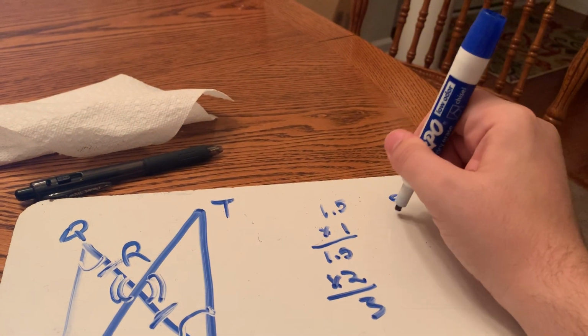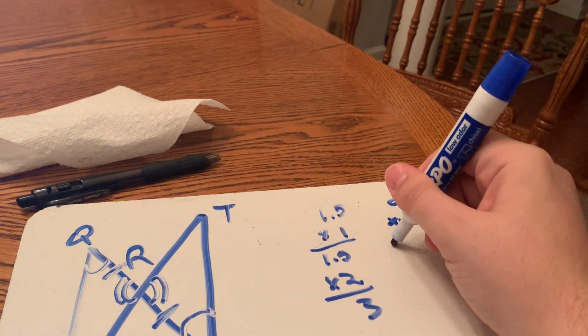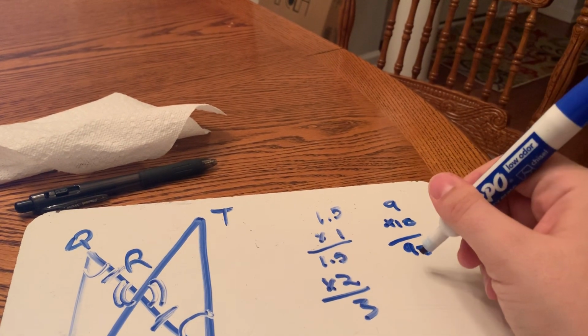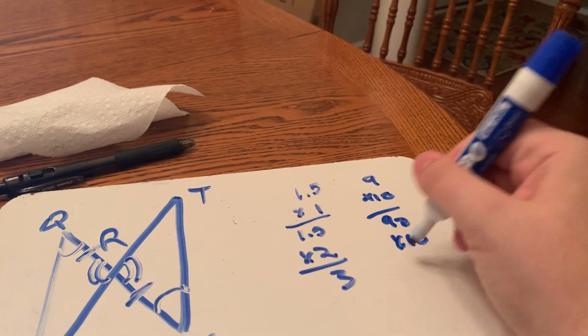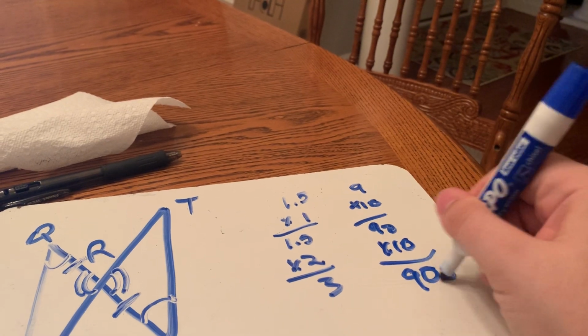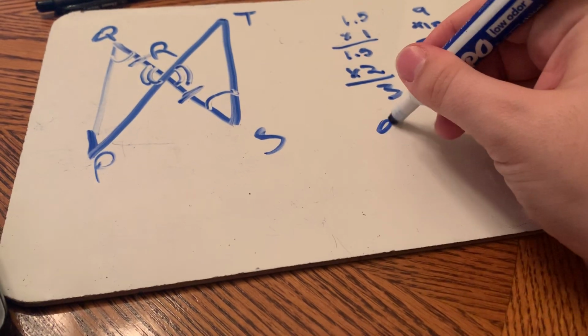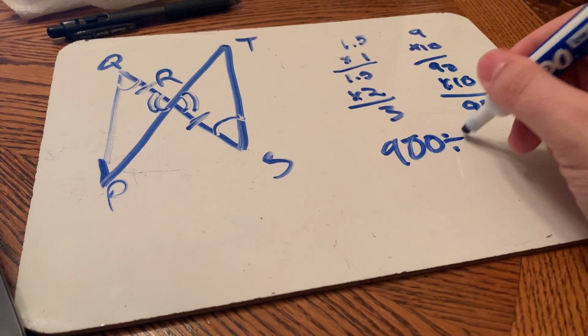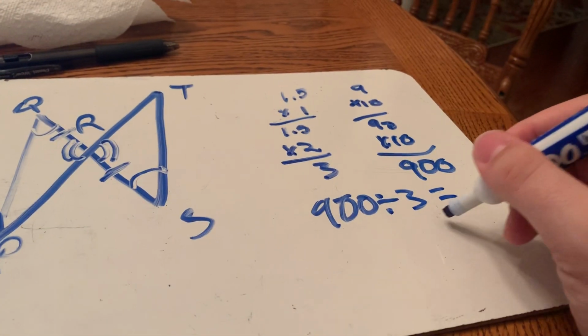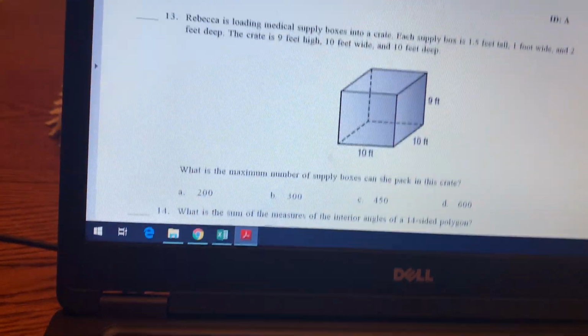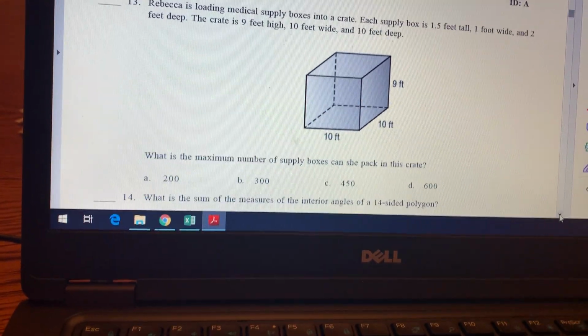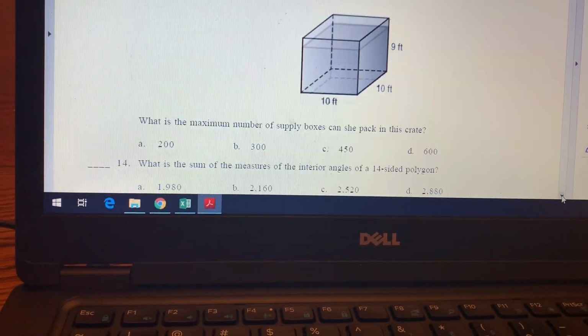So I'll write it out real quick, but it's going to be 900. 9 times 10 is 90, times 10, 900. So you got 900 divided by 3, which is 300. So that is going to be B, 300. Okay, just like we did yesterday.